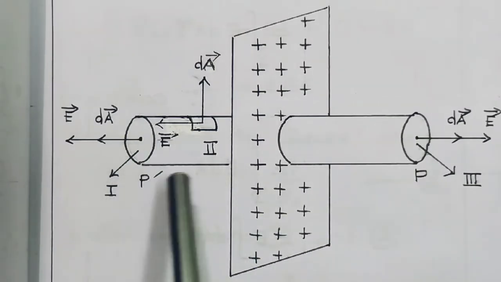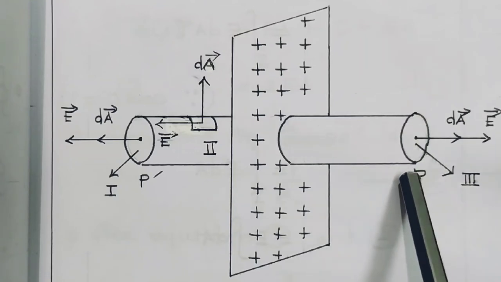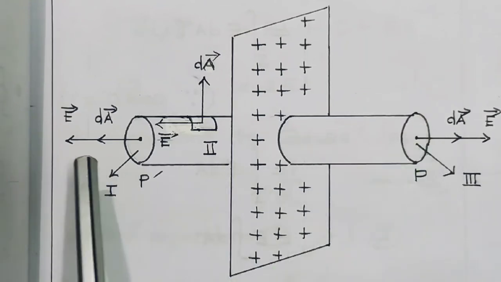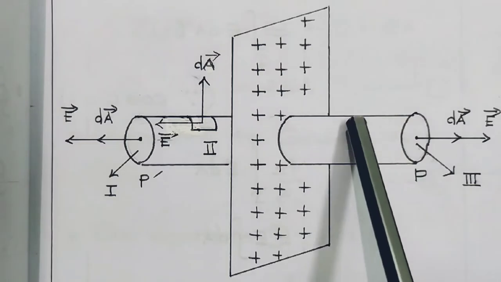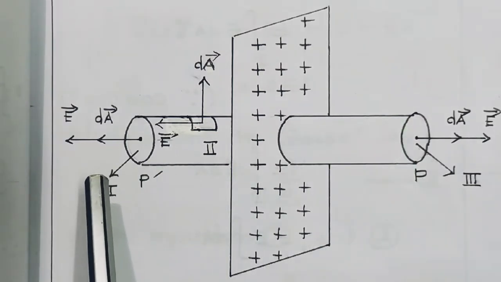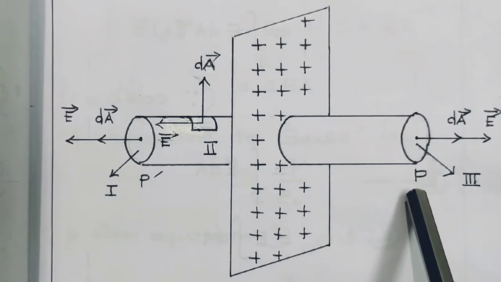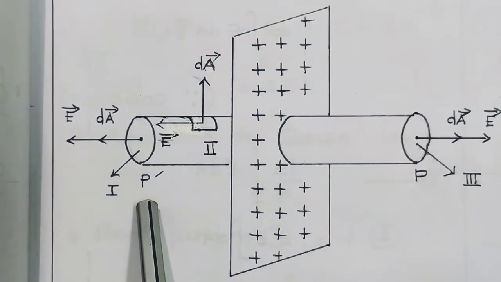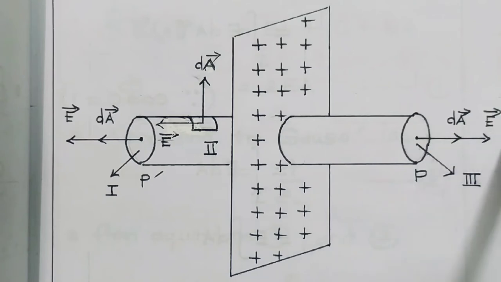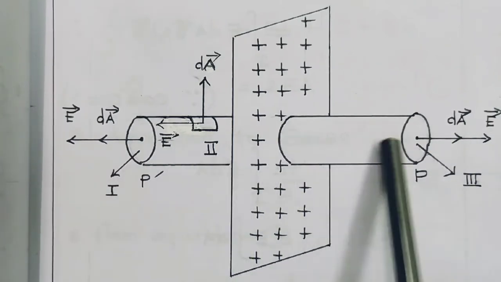In order to find the electric field at this point, I have considered a Gaussian surface in the form of a cylinder. So here is point P and here is point P dash. Join these 2 points, we'll get a straight line.